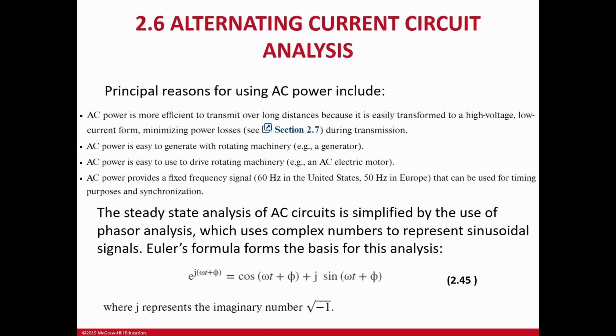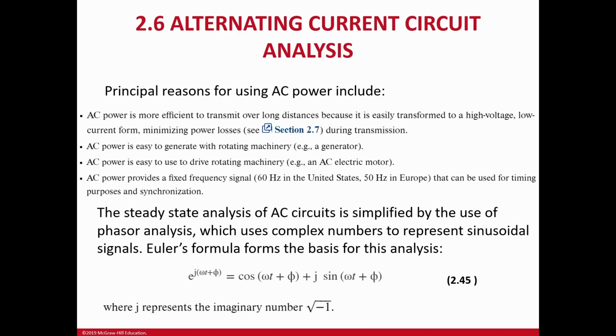But actually, for AC signals, not only do we get the sine signal, we also get the cosine signal. And in electrical engineering, we use this form. You can use Euler's formula to expand this form into cosine and sine. But there is the imaginary number j for the sine signal, so there will be a phase angle.